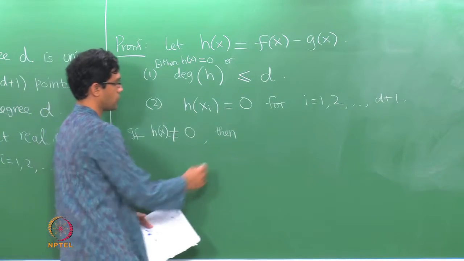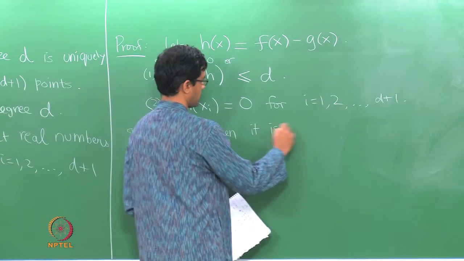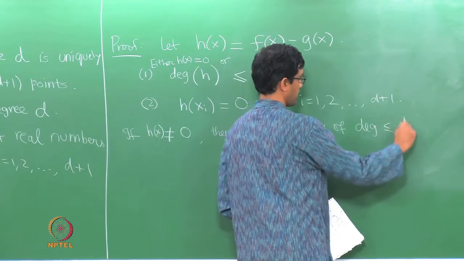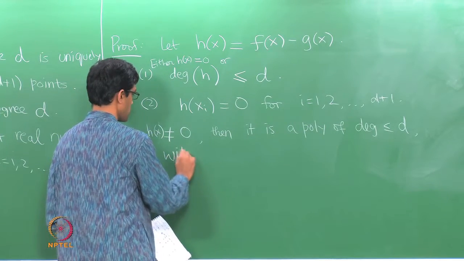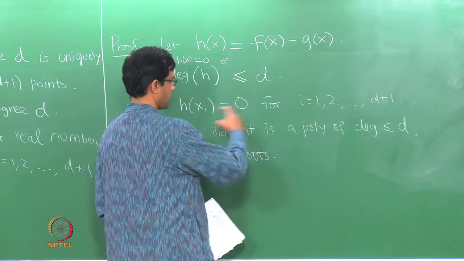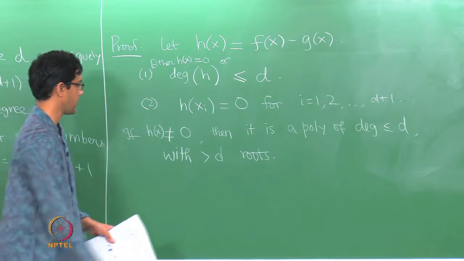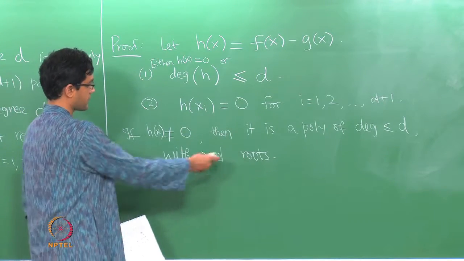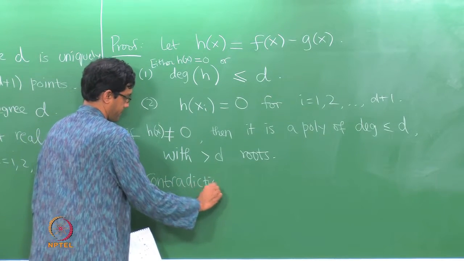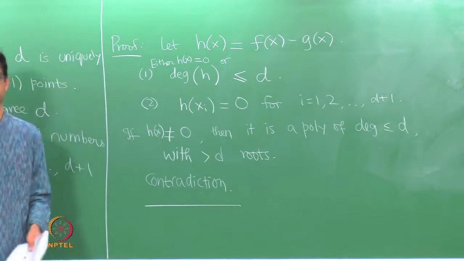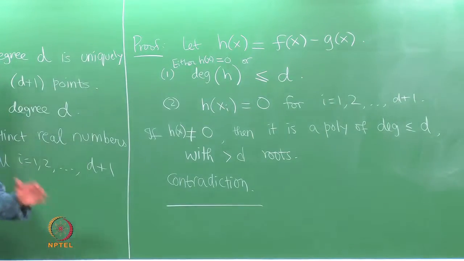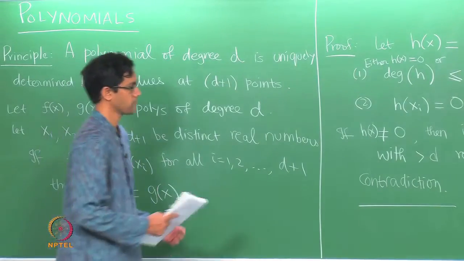So, if h of x is not 0, then it is a polynomial of degree at most d with at least d plus 1 roots, and it could potentially have even more than that. So, it is a polynomial of degree at most d with greater than d roots, and that contradicts something that we already saw. So, that is really the proof that a polynomial of degree d is determined once you know its values at d plus 1 points.